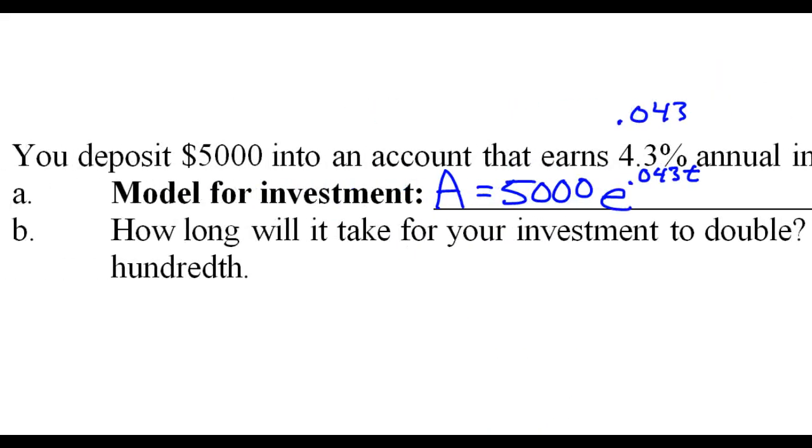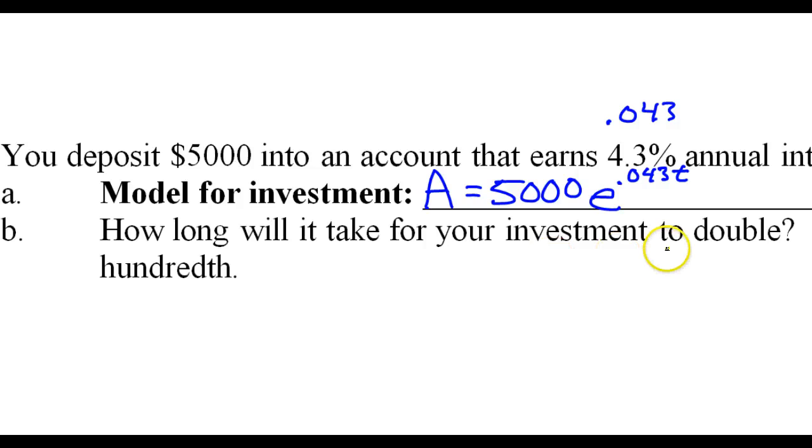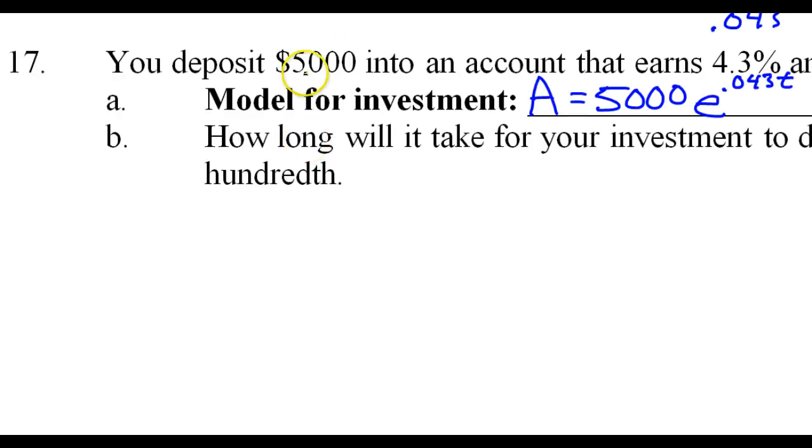Now for part B, how long will it take for your investment to double? If we started with $5,000, of course, if our investment doubles, we will have $10,000. So I'm putting the 10,000 in right there.